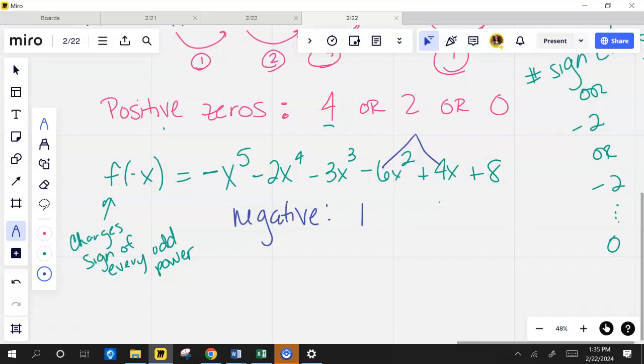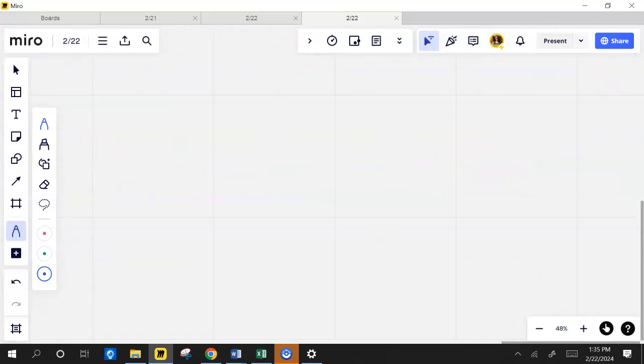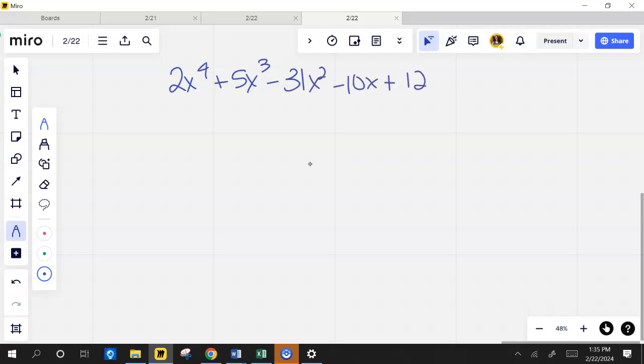Because those have even exponents, if you plug a negative 1 in and you raise it to an even exponent, it doesn't change the sign, because negative 1 squared is positive. Look at this one. This is 11. Tell me how many positive solutions and how many negative solutions this would have.